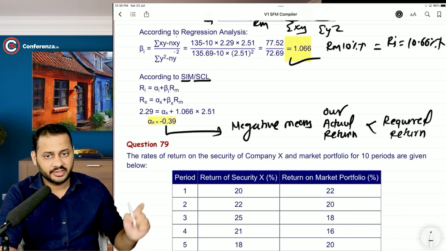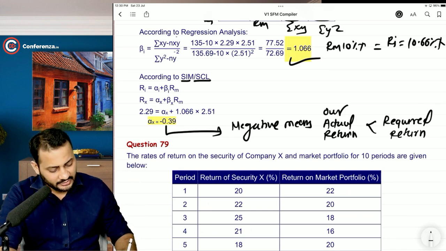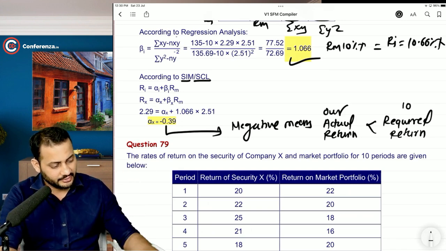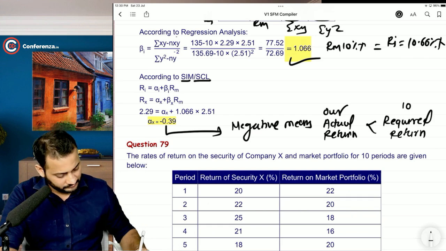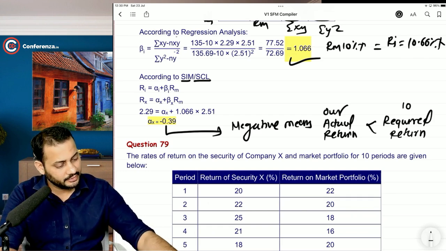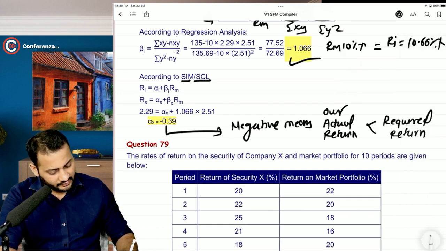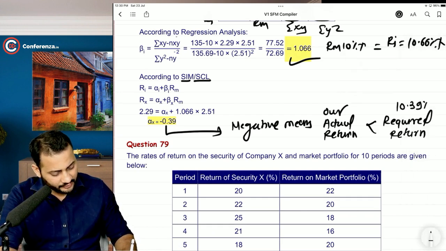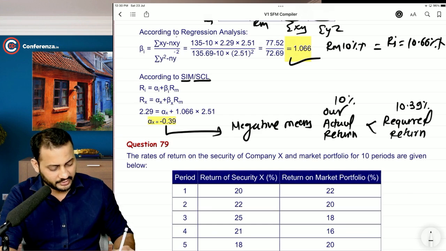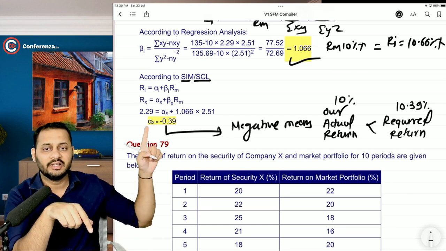By how much percentage? 0.39. So let's say the required return is 10.39%, the actual return is only 10%. That's why the alpha is coming out negative.